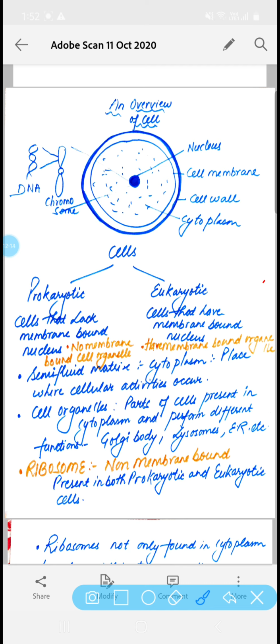So if firstly I have to describe the animal cell, it has the outermost boundary called the plasma membrane.